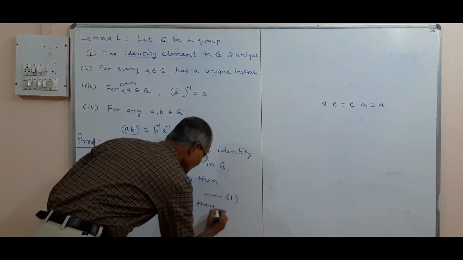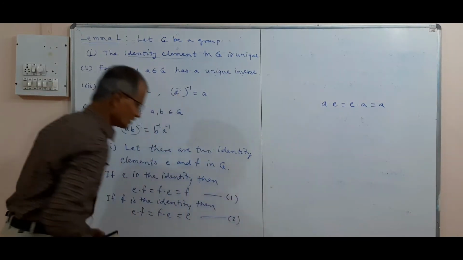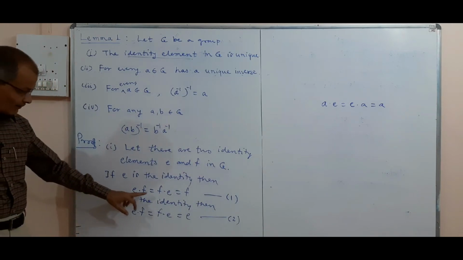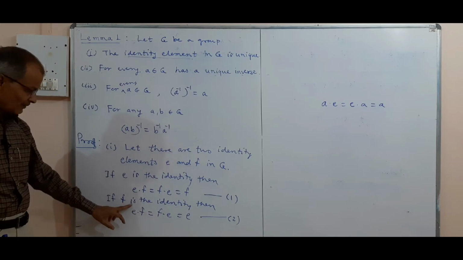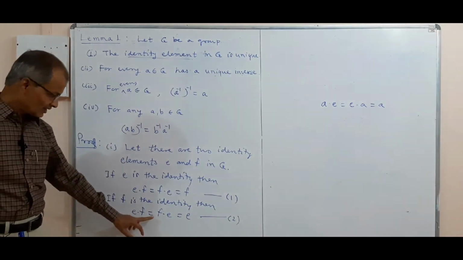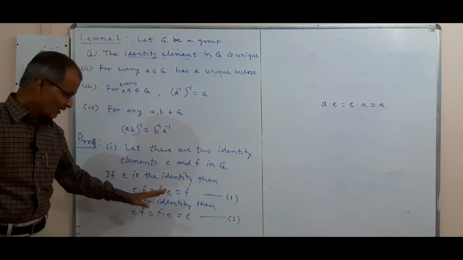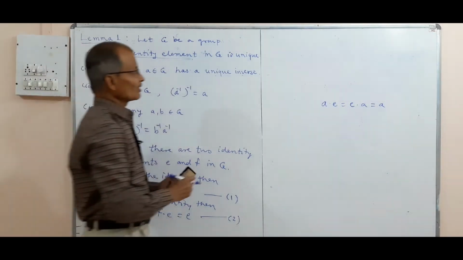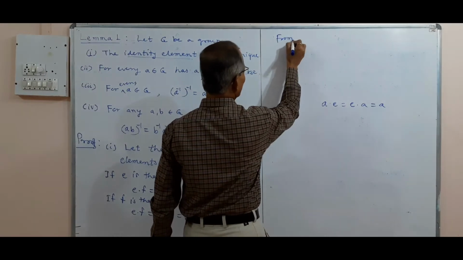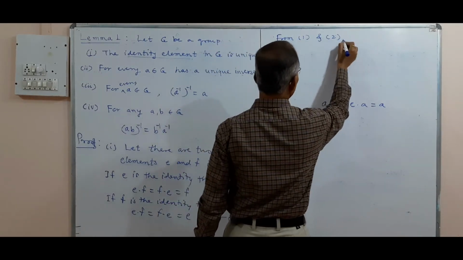And now if you consider 1 and 2, see the results. e into f is equal to f into e is equal to f if e is identity. And if f is identity, then e into f is equal to f into e is equal to e. And from 1 and 2, we get directly that f is equal to e.